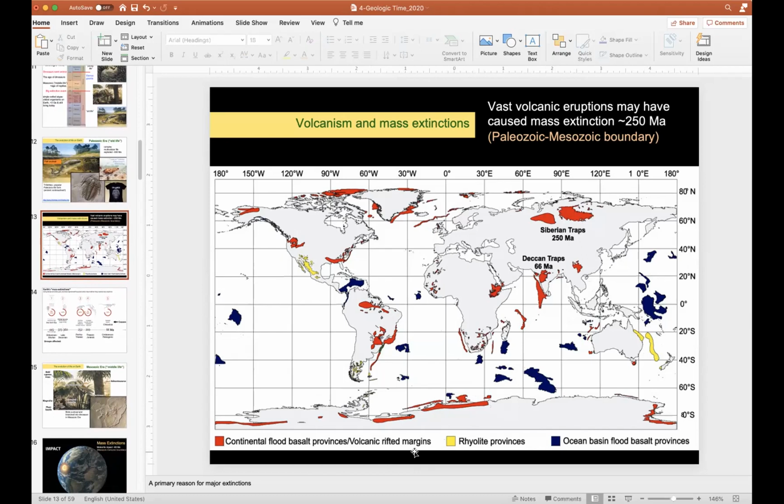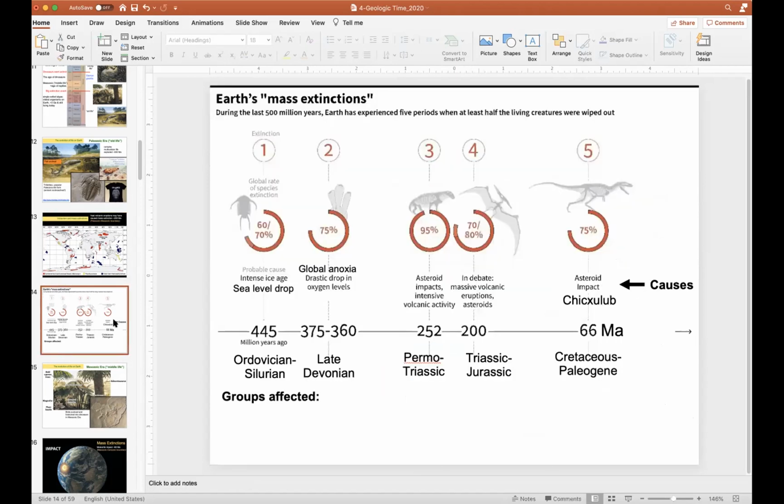Those other ones are greenhouse gases. All of that contributes to a change in environment. And again, you lose the food source for an animal, and it can't survive without the food source. And so that's tied to those extinction events.